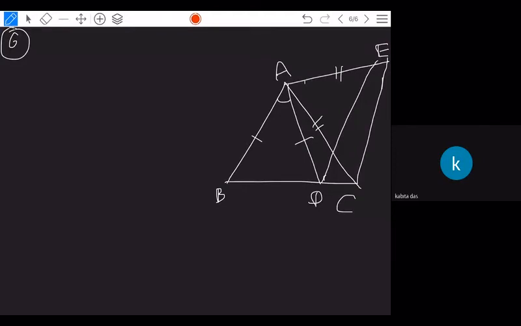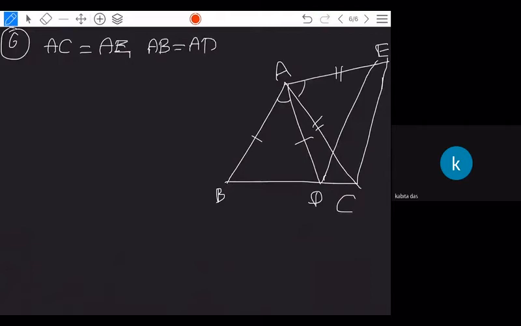Okay, so now here there are two triangles. It is not asking you to prove the triangles are congruent. AC is equal to AE is given, and AB is equal to AD is given.